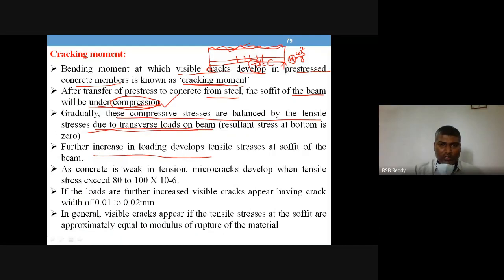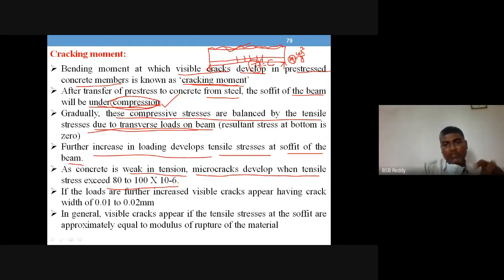Further increase in loading develops tensile stresses at the soffit of the beam. Concrete is weak in tension, that everybody knows, a fundamental property of concrete. So micro cracks develop when tensile stresses exceed 80 to 100 into 10 power minus 6.